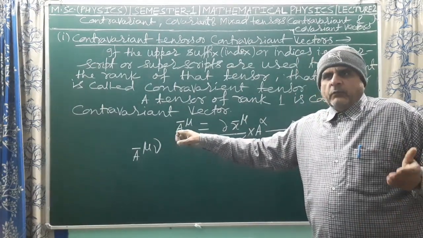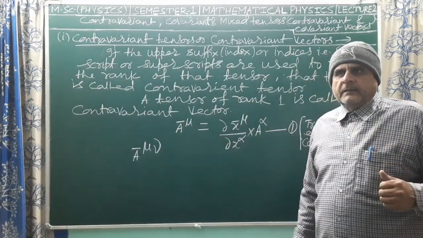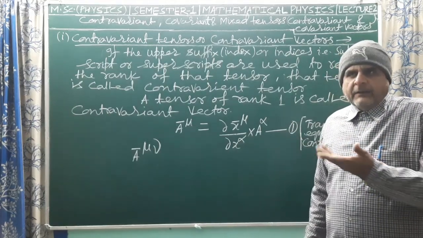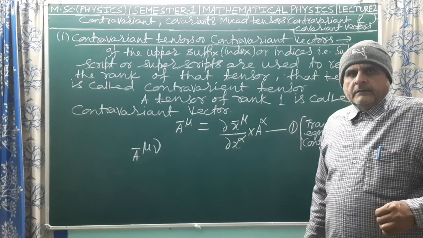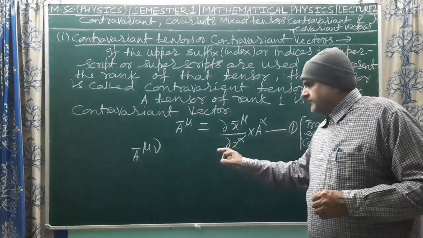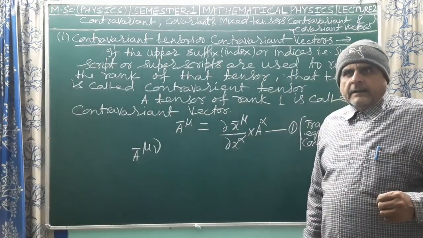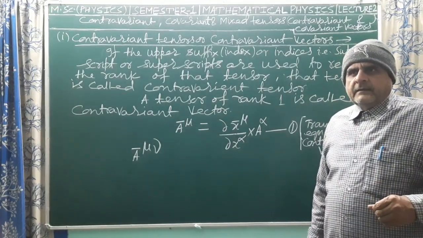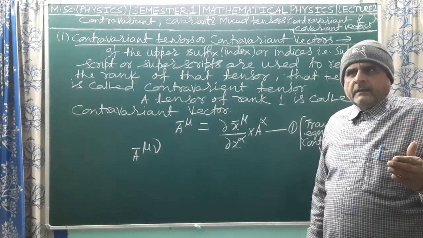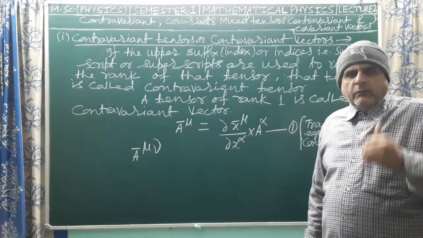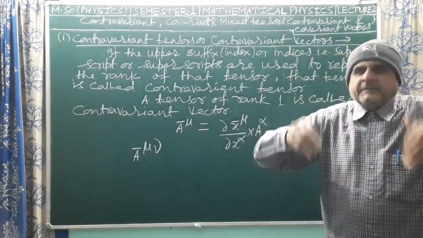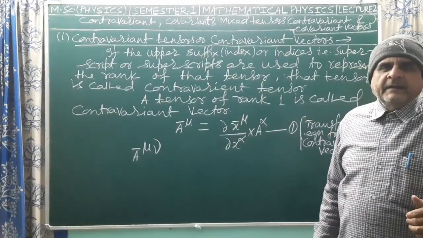Mu and nu have values 1, 2, 3 and so on to n, that is n values, in a system of variables x mu. And these quantities, a mu nu, have values a bar mu nu in another system of variables x bar mu.